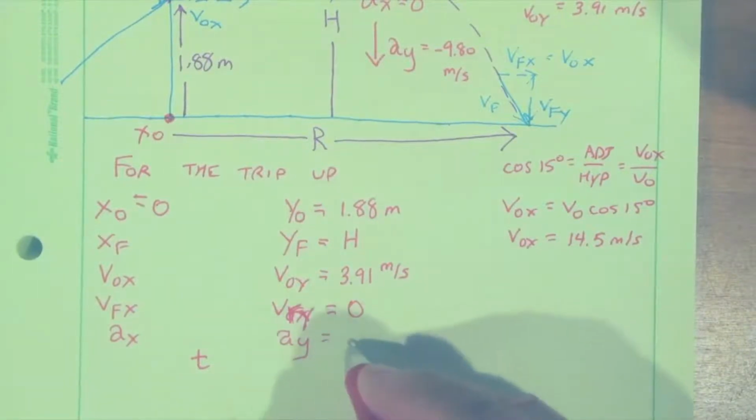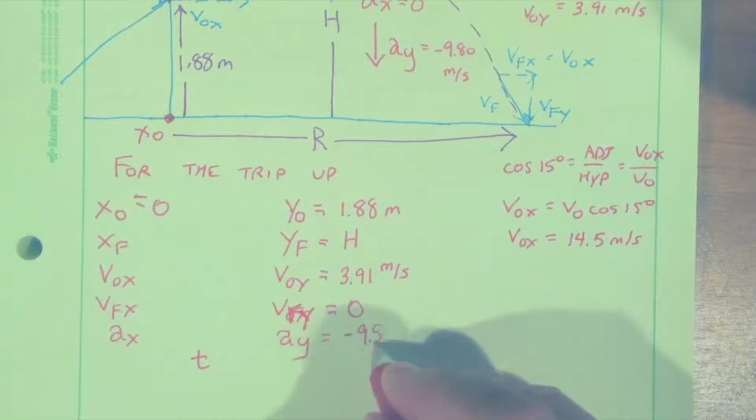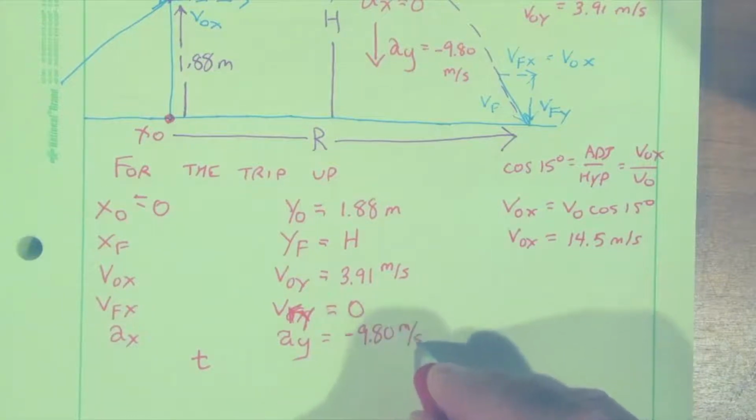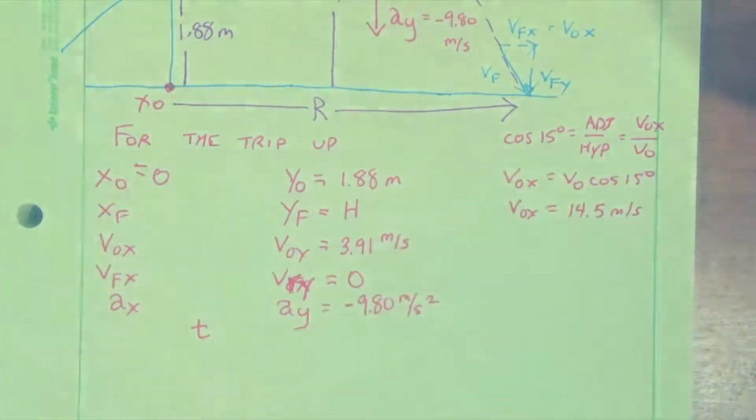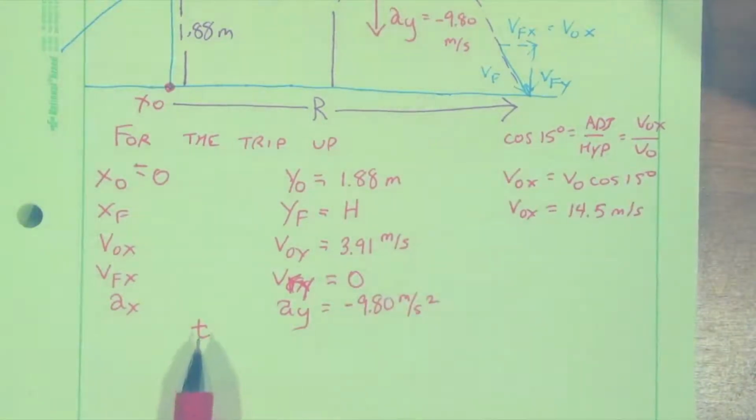And remember, the acceleration in the y direction is going to be negative 9.80 meters per second squared, the negative sign because we're calling upward positive. Now, we do not know this height h, and we also do not know the time it takes to go up.